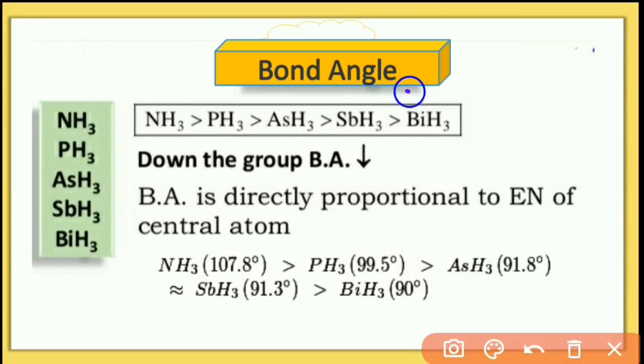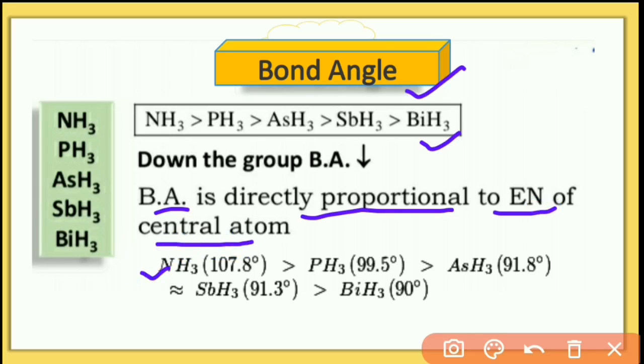Next is the bond angle property. It also decreases when we move down the group. So its bond angle order is this, and bond angle is directly proportional to the electronegativity of the central atom. Here nitrogen is the central atom and it is more electronegative.